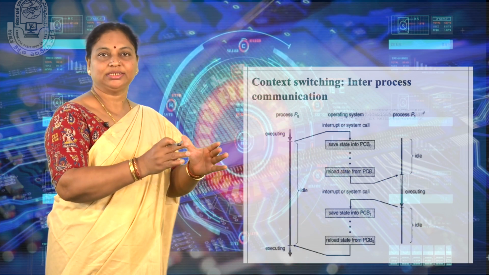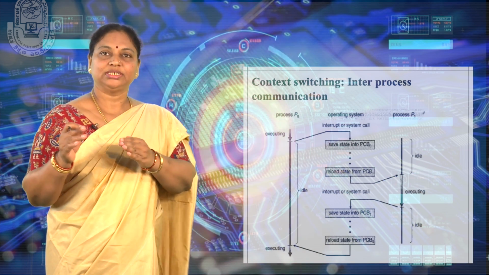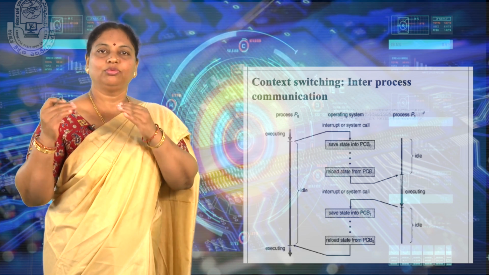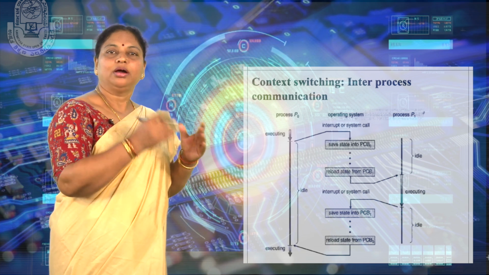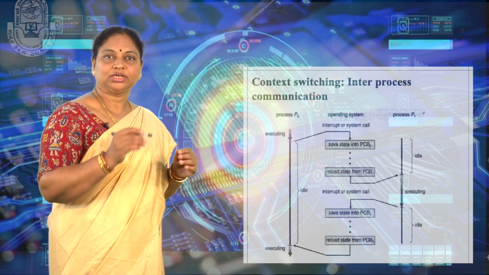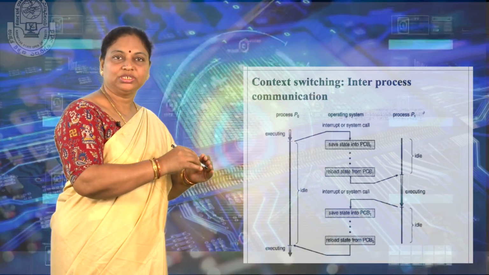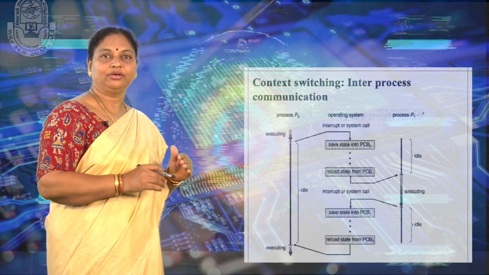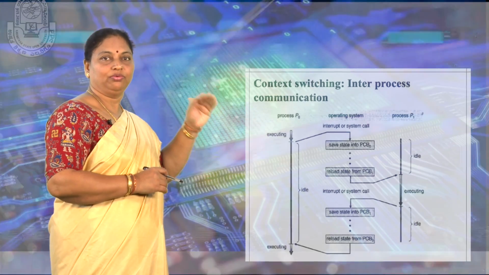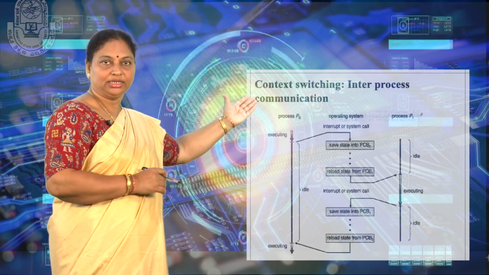Now let us study this. As we know, in one system more than one process is residing and more than one process will be executing. Then how do the processes come to know which process is requiring which resource? For that we have the switching of the CPU from one process to another process.